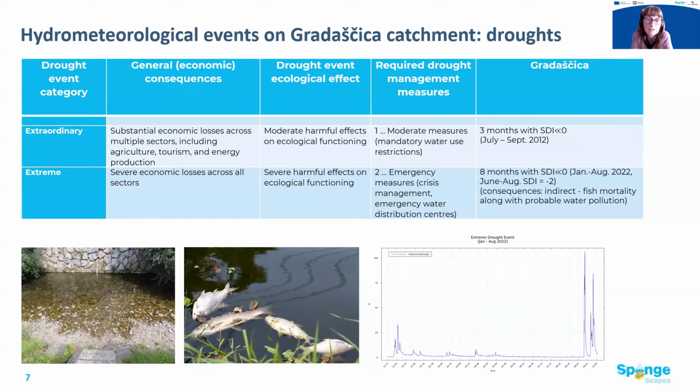And one of the indirect consequences was also the fish mortality due to less oxygen in warm water, along with very likely water pollution. And the graph here represents a longer time period, of course, from even more than January to August, just to see the pattern.